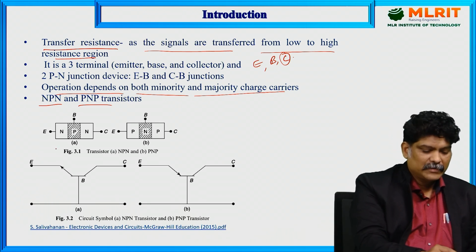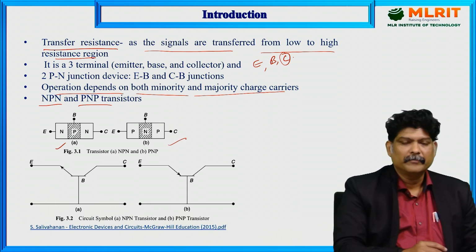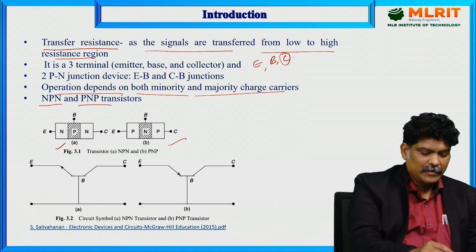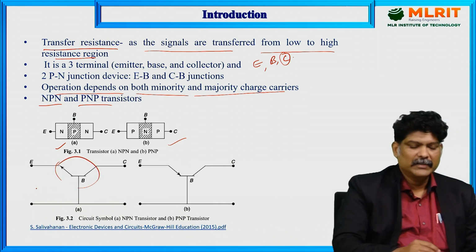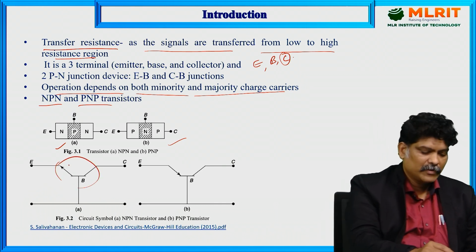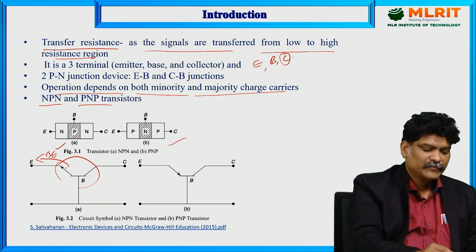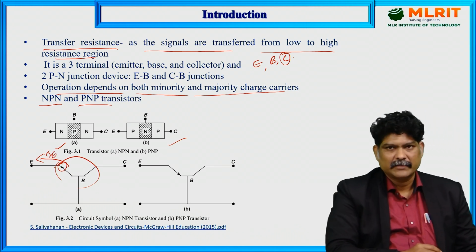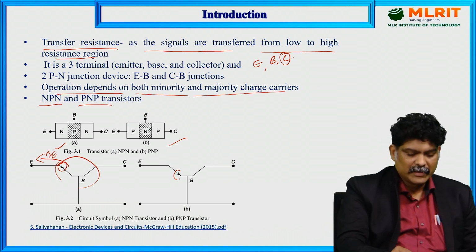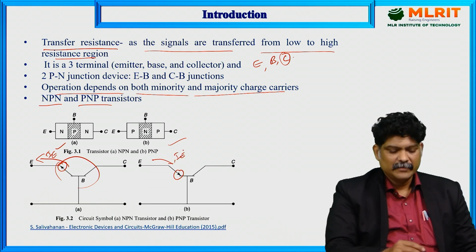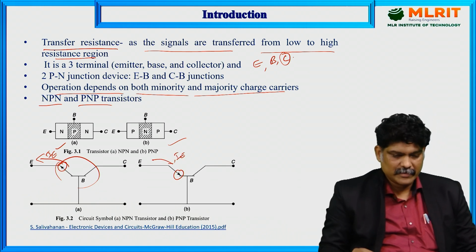This is the NPN transistor and this is the PNP transistor. You can observe this is an NPN transistor because the emitter current IE is flowing out of the transistor. So this arrow indicates an NPN transistor. If the arrow is into the transistor, that is, the emitter current is flowing into the transistor, then it is a PNP transistor.